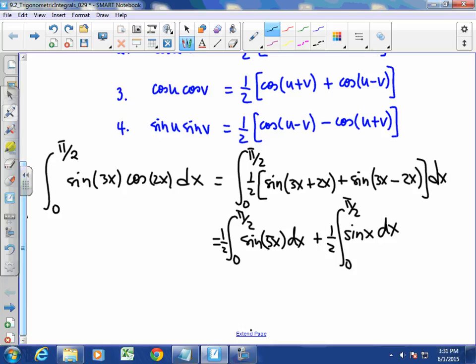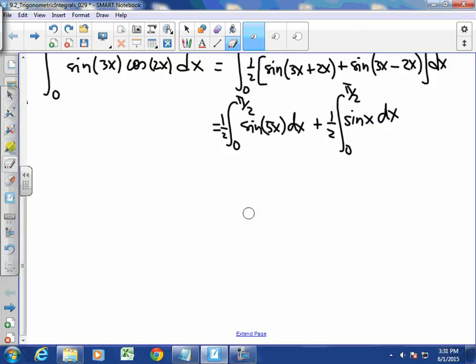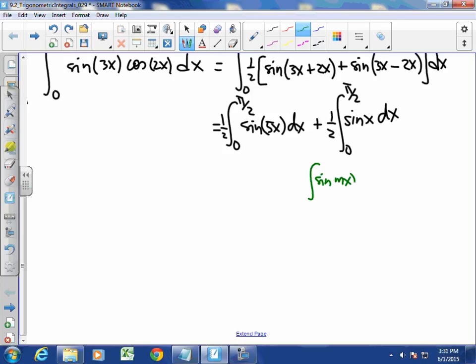And we also learned a basic rule of integration that says the integral of sine of mx dx is negative 1 over m cosine of mx plus a constant. So in the first of these two integrals, we have 1/2.